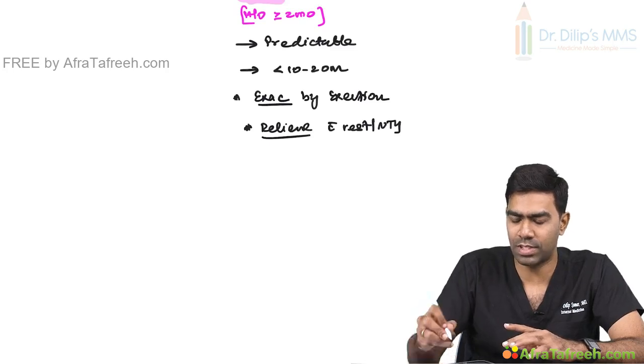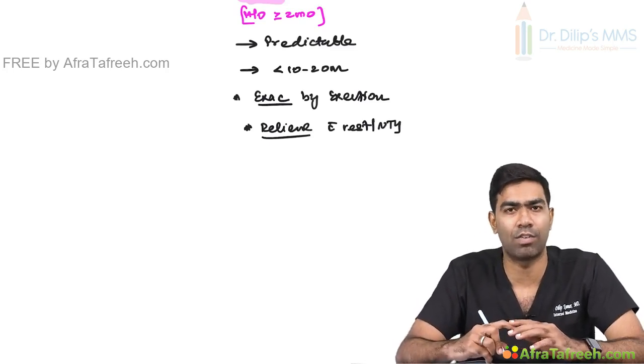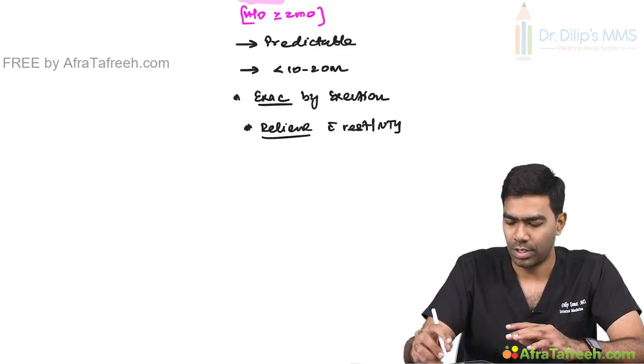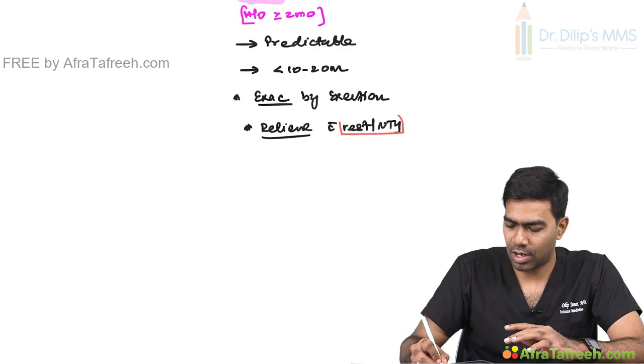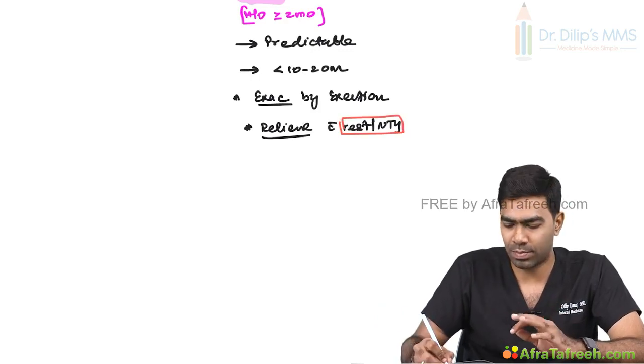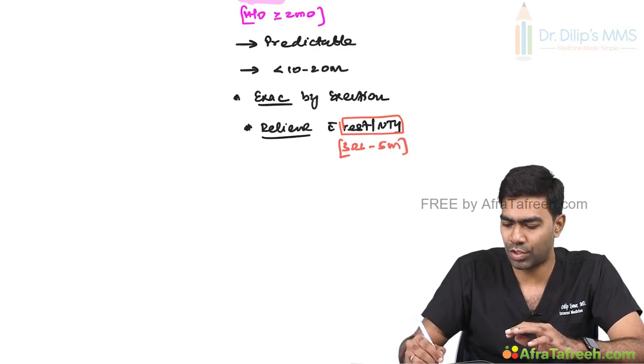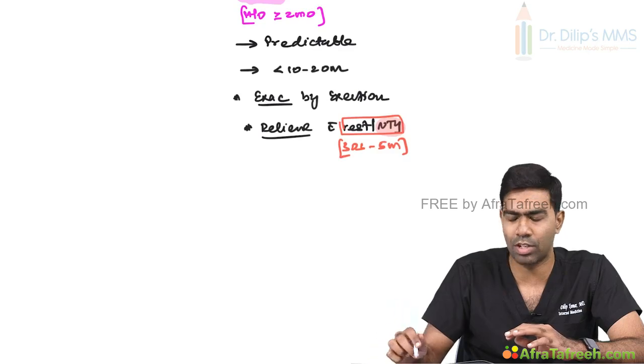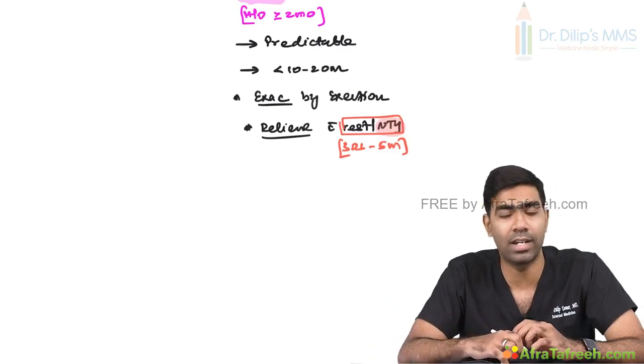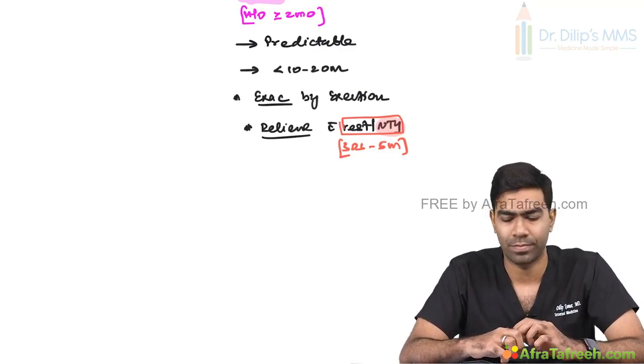Exertion means it's not only a physical exertion, it can be a mental exertion in the form of emotions as well. Typically, the rest or nitrates should relieve the chest pain within 30 seconds to 5 minutes. If short-acting nitrates like nitroglycerin are not able to relieve the chest pain, it's unlikely to be a chronic stable angina. So probably you're dealing with an ACS, so rush to the hospital.